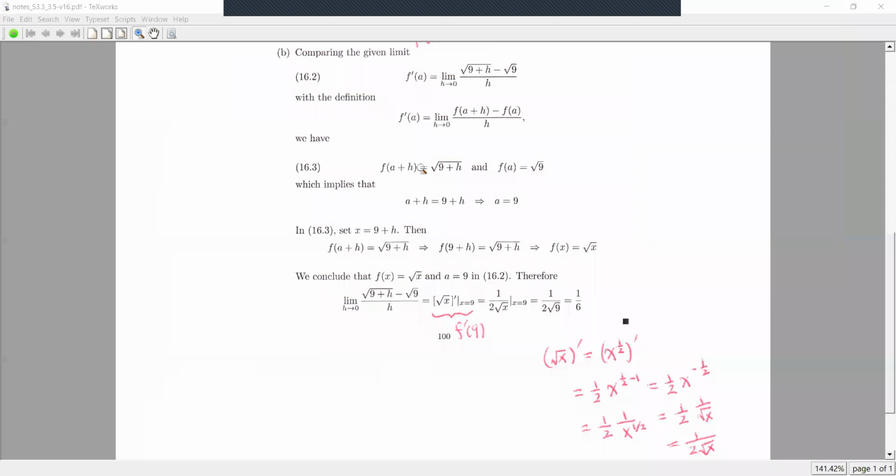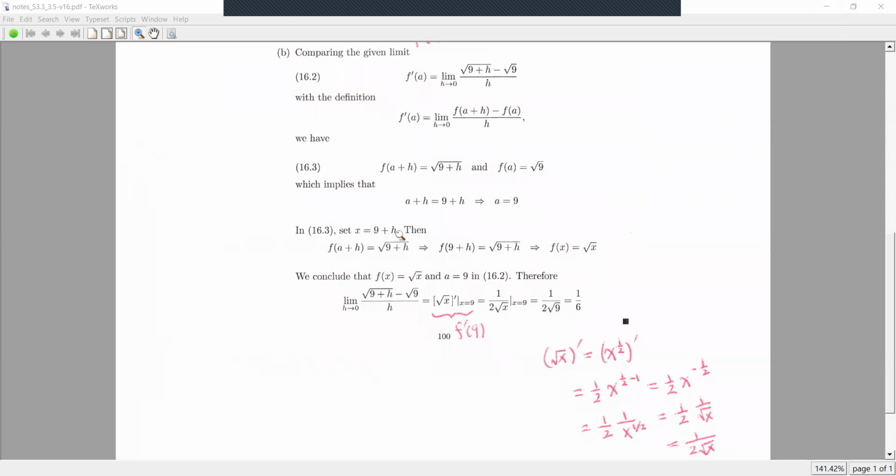The left-hand side of this equation is a plus h, and the right side is 9 plus h. Therefore, a is 9, and this equation is f of 9 plus h is equal to square root of 9 plus h.